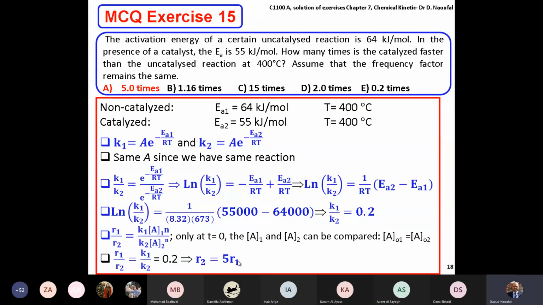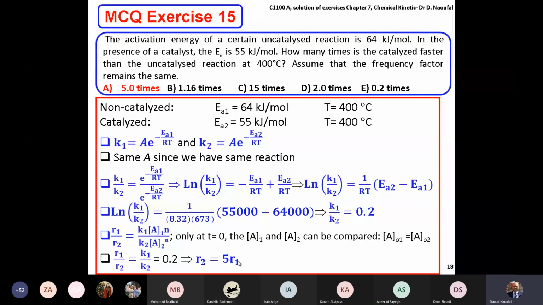The question: can we compare the ratio of the rates, for example, after 5 minutes? If we can know the concentration of A1 after 5 minutes and that of A2 after 5 minutes, then we can compare the rates.